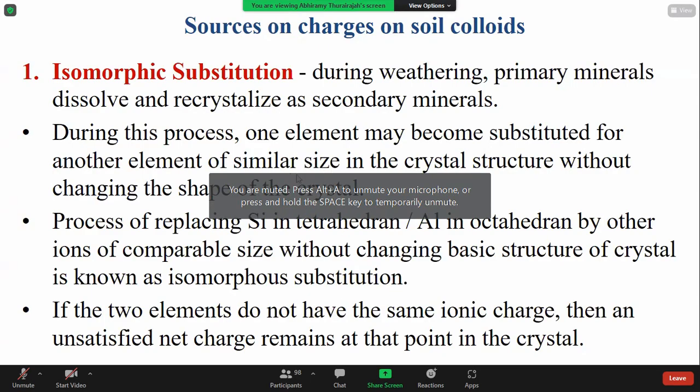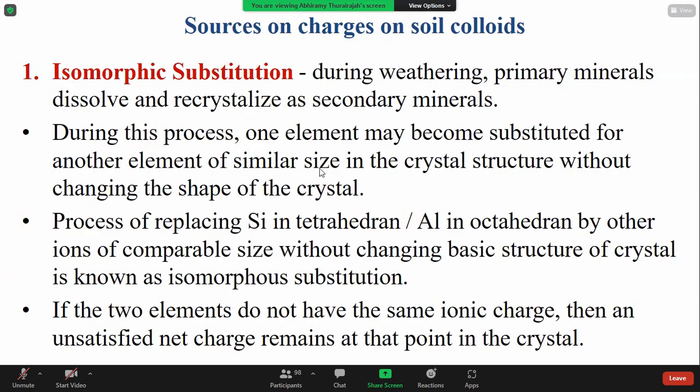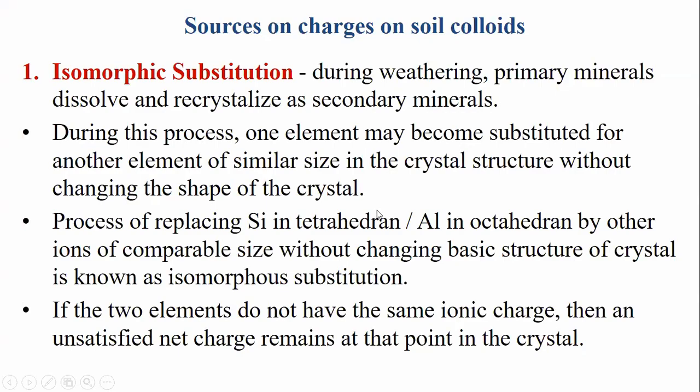It's very important: a similar size element in the crystal structure without changing the shape of the crystal. That is the isomorphous substitution. Anyone please repeat me, what is isomorphous substitution?